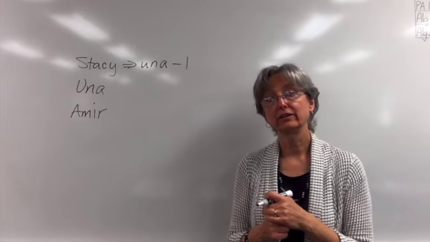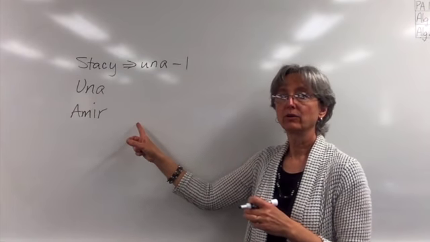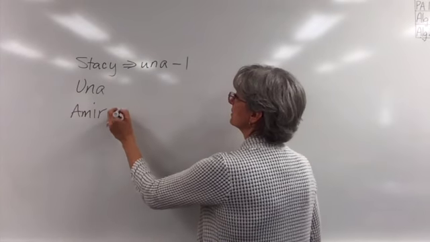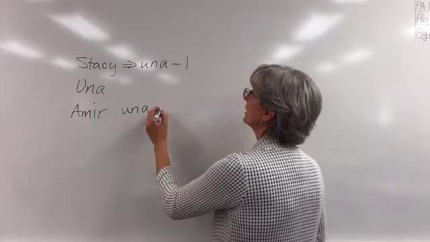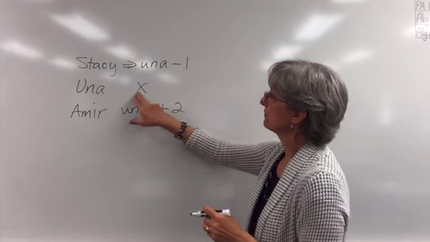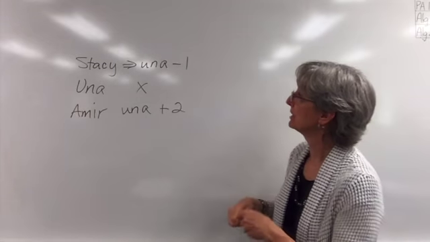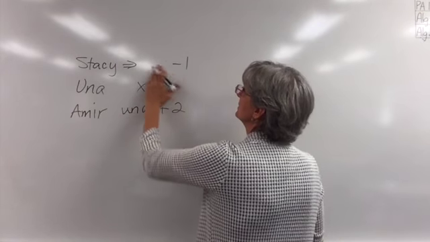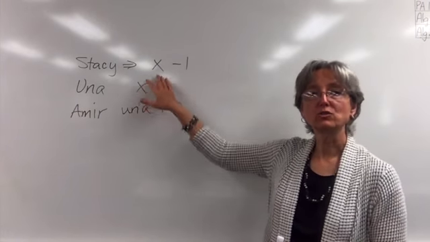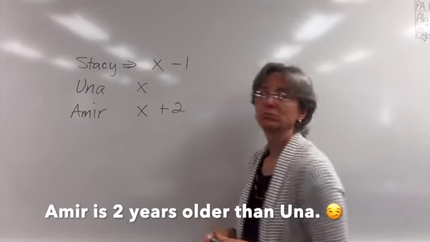Amir is 2 years younger than Una, so he'd be Una plus 2. Una's in the middle, so we'll make her X. So if Una is X and Stacy is 1 year younger, then Stacy would be X minus 1. And since Amir is 2 years younger than Una, Amir's age would be Una plus 2.